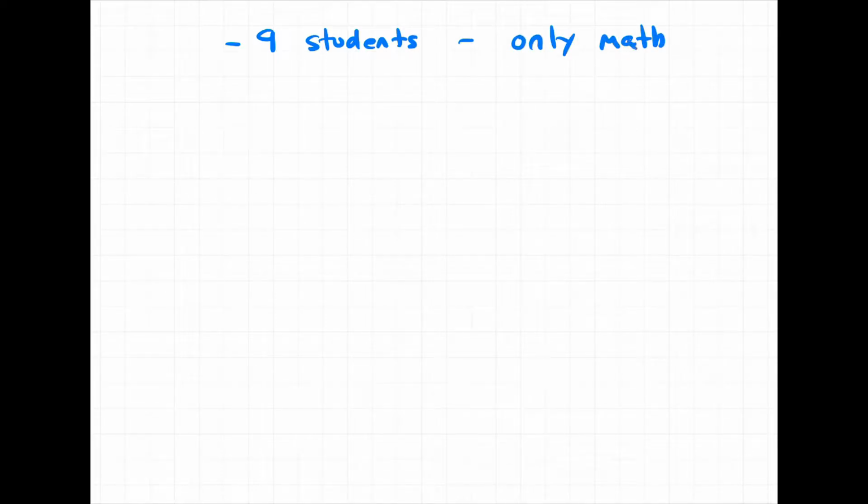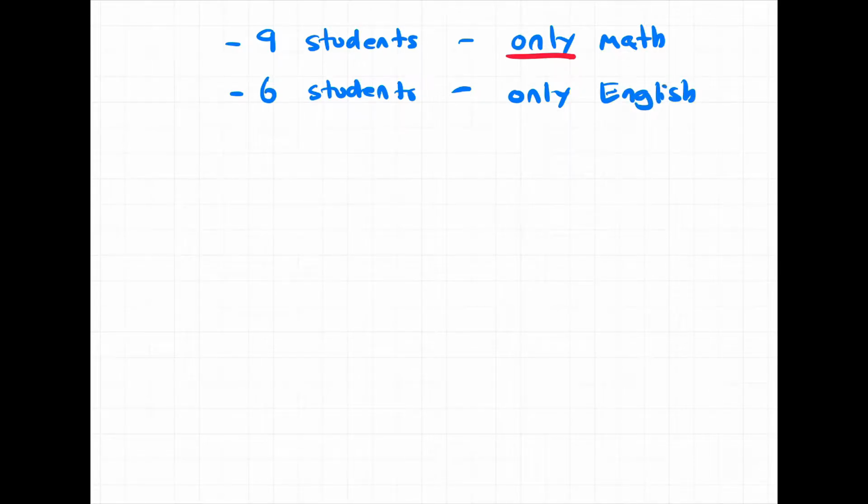And that word only right there is going to be really important. Okay, and 6 students selected only English. Again, that word only, you need to look for that word. If it's there, it changes the whole meaning of it.